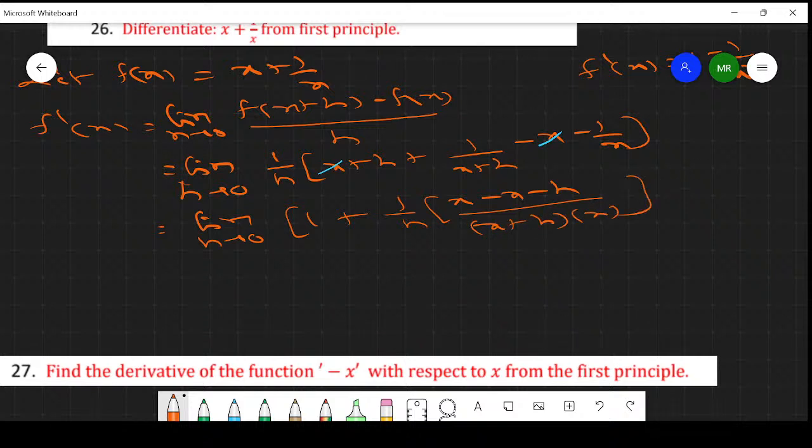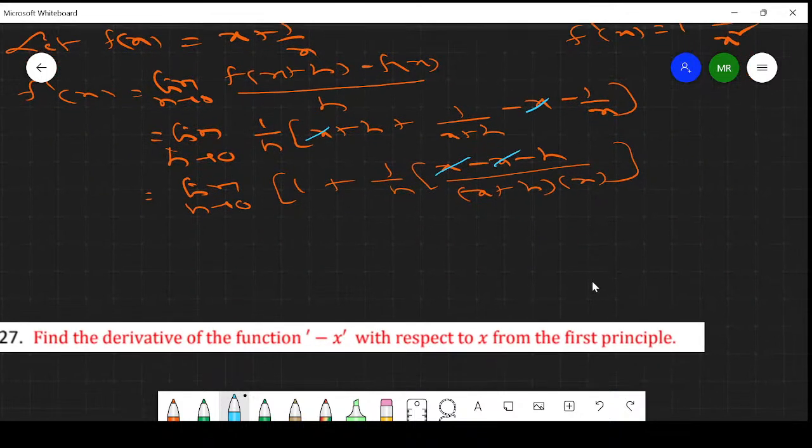So how did you get this? Outside is 1 by h, and inside I have taken the LCM. Again here I can eliminate this one, plus x minus x will get cancelled. The problem is completed with only one more step.